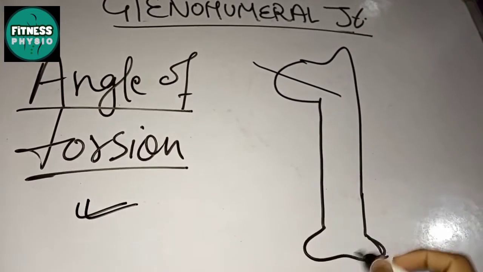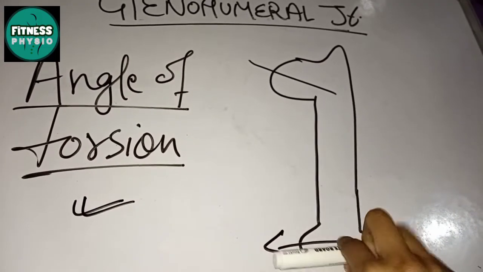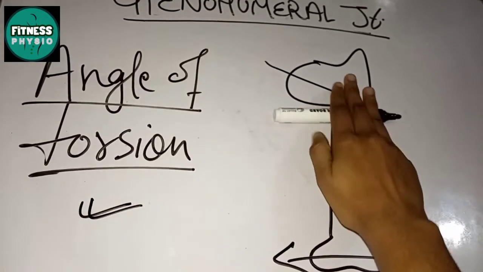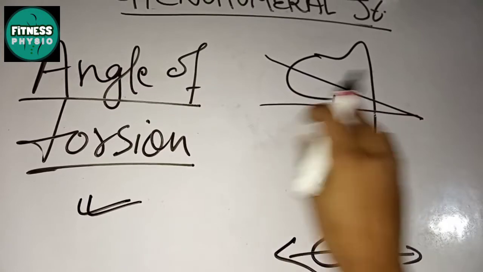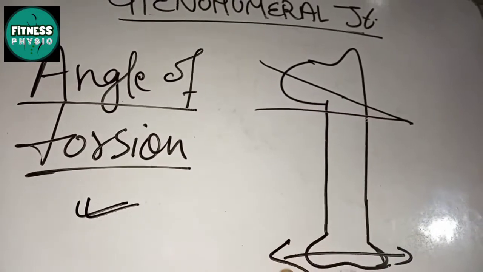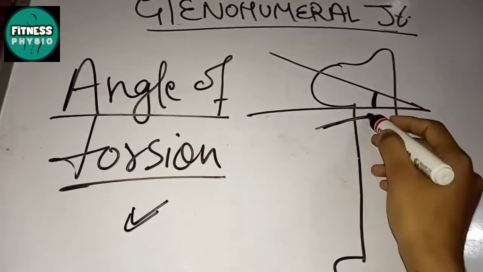Suppose this is your condyles, this is your transverse axis. Suppose this imaginary axis is coming upward like something like here. There is an angle formed between your condyles and the head and neck axis. This is your angle of torsion.